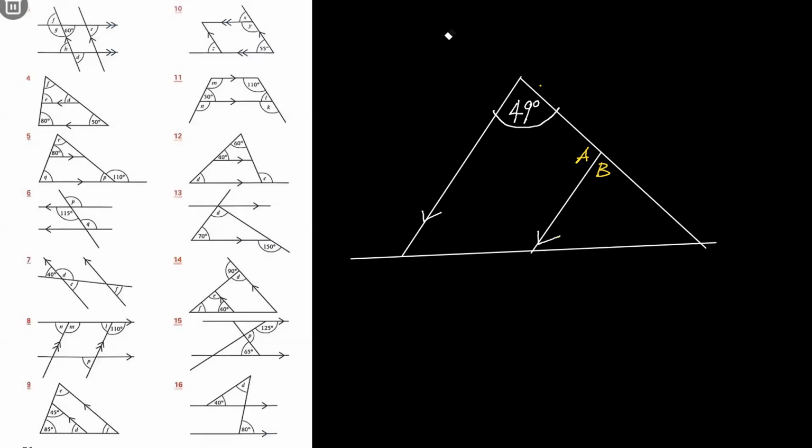So if this is a parallel line, you have to go to the next one, which is this. So it can't be A, it must be B because it's on the other side.